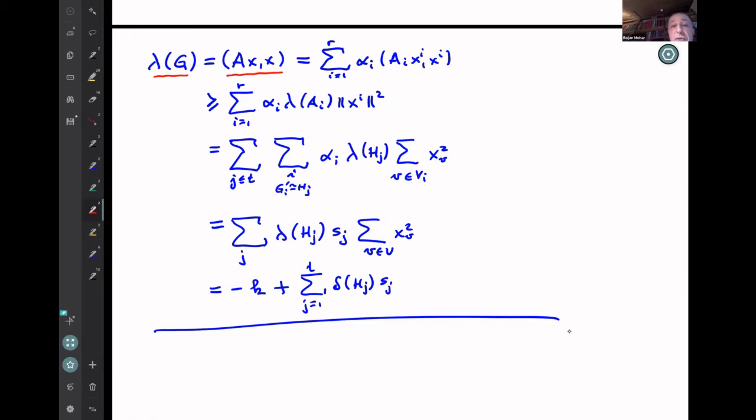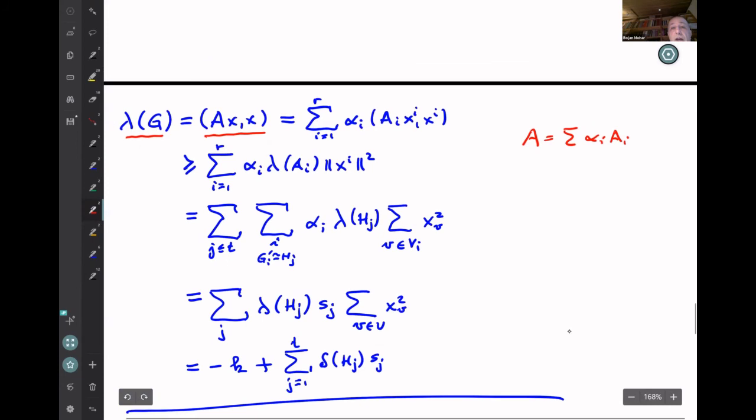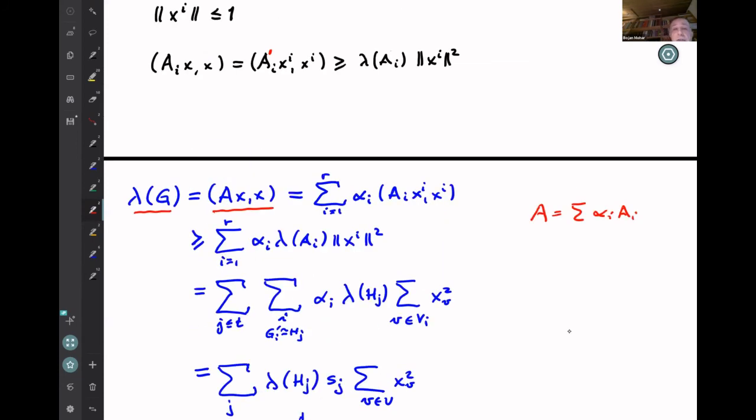Using that A is the sum of alpha_i A_i, and linearity of the inner product, this is the sum over all i of alpha_i times the quadratic form for A_i. And here we use the inequality, which says that this is at least lambda_i times the norm of this smaller vector x_i.